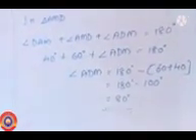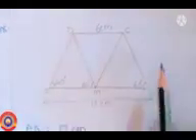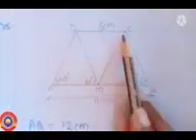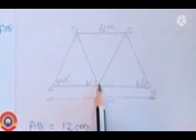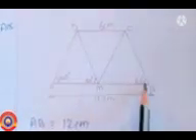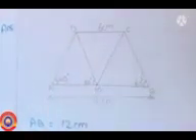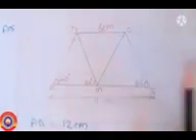Now let us consider the another triangle, that is triangle BMC. Here angle MBC plus angle BCM plus angle BMC is equal to 180 degree.